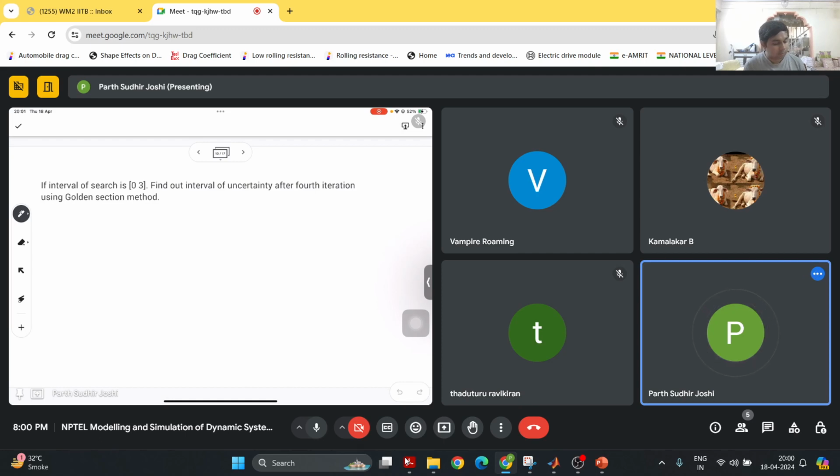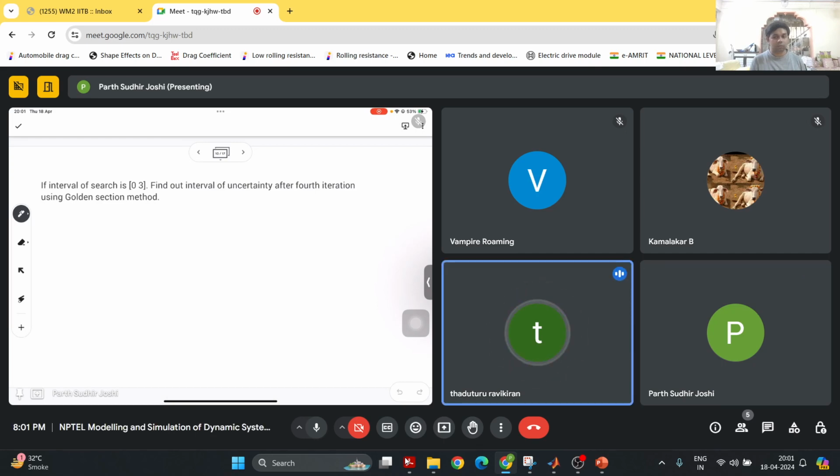For that, how do we solve this? The difference between the max and the min, and some factor will be taken, like 0.6 something, for every iteration. It will come down by that.